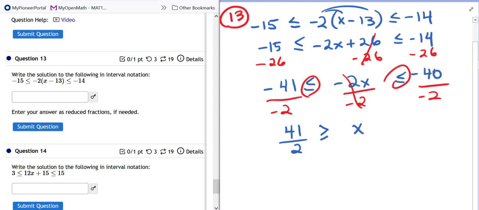X is in the middle, and 2 will go into 40 20 times. This is smaller than this one. So on your number line, you need the 20 to go first, and then the 41 over 2.